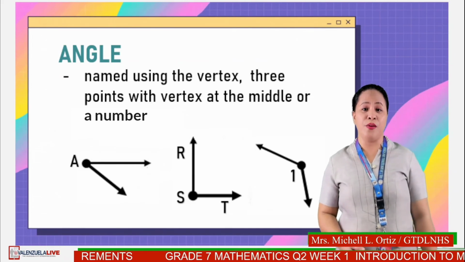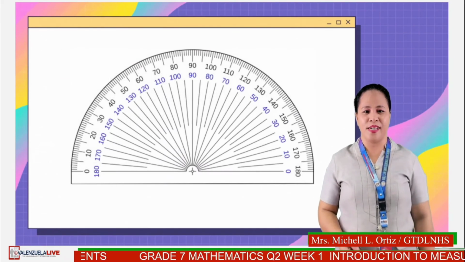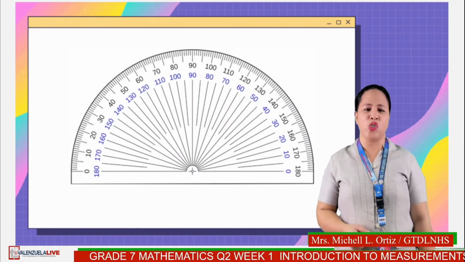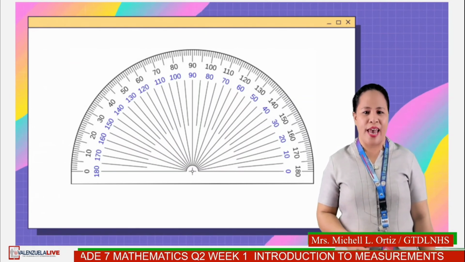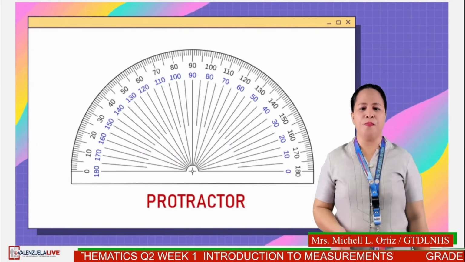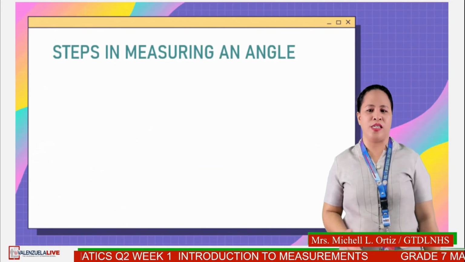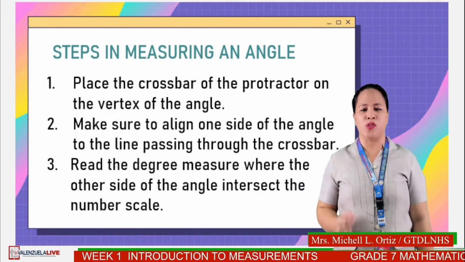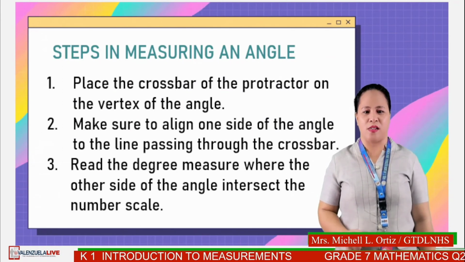Are you familiar with this instrument? This is a protractor, a device used in measuring the opening of an angle. To measure the angle, we simply follow these steps. First, place the crossbar of the protractor on the vertex of the angle.